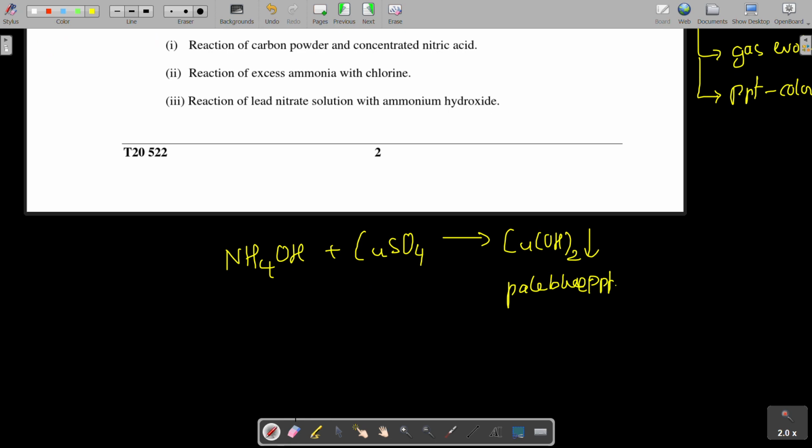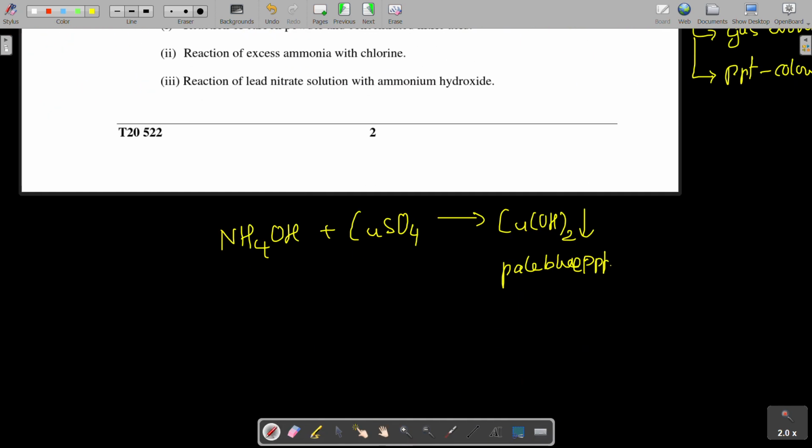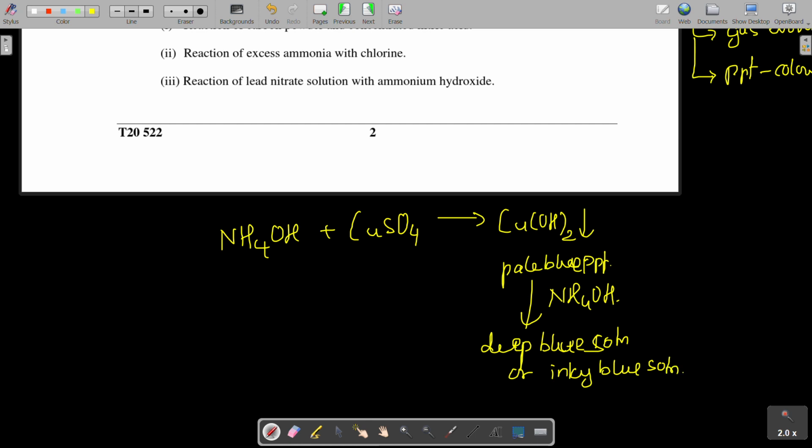Now the question is, excess means you are again adding ammonium hydroxide in excess. Then this pale blue precipitate will dissolve and form a deep blue solution, or they also call it an inky blue solution.